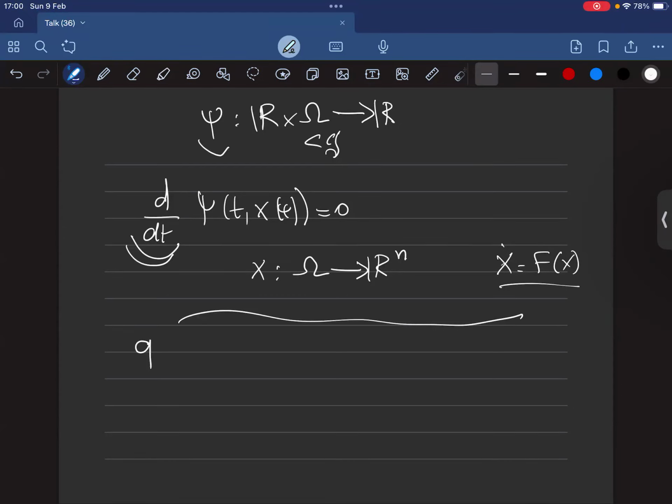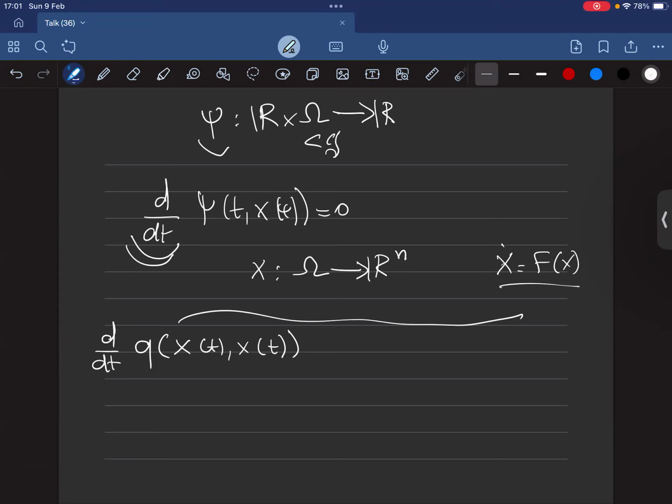If Q is the metric in question, you evaluate Q of x of t, x of t, and you take the derivative. We can show that this is 0.